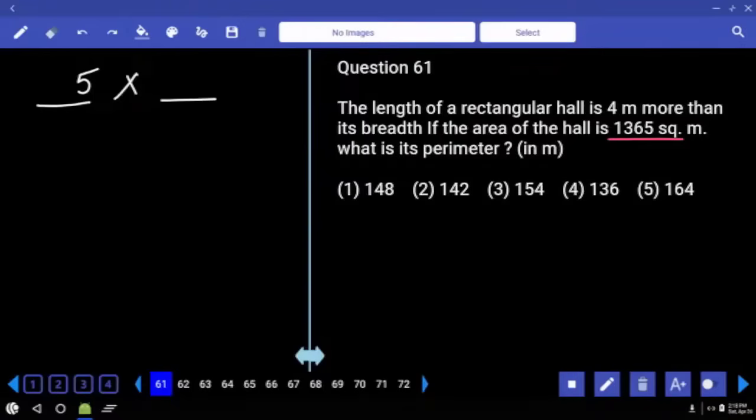What is 35 square? 1225. And that is a little bit less than that number, right? So one number is 35, the other number is 39. Got it? L plus B is equal to 74. We were asked to calculate the perimeter. 2 times 74, 148, first option.